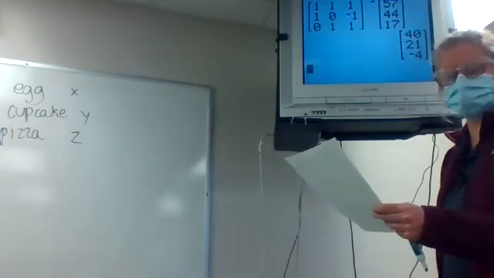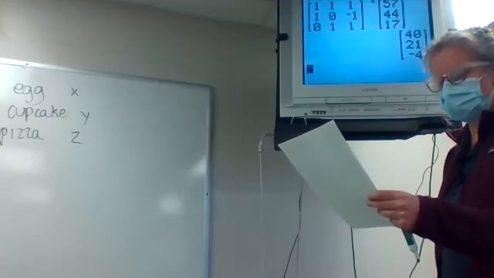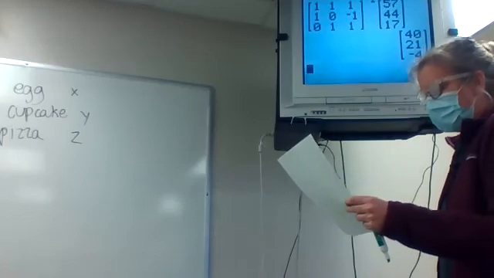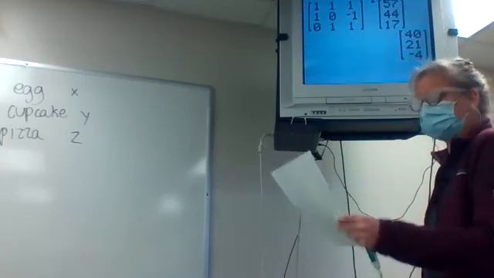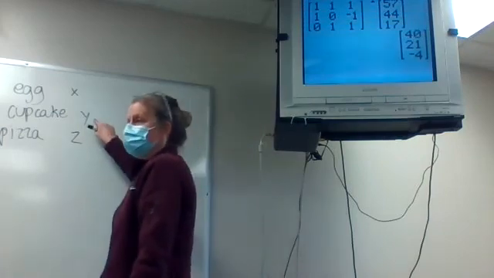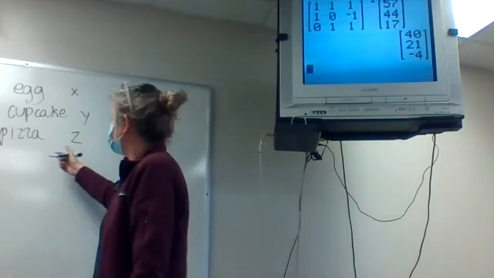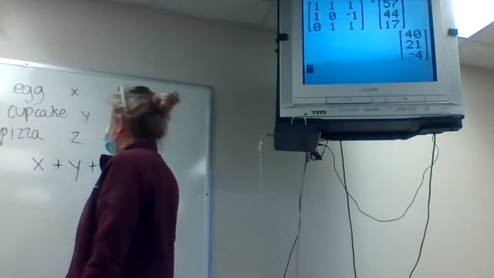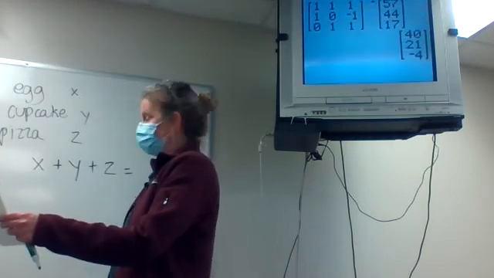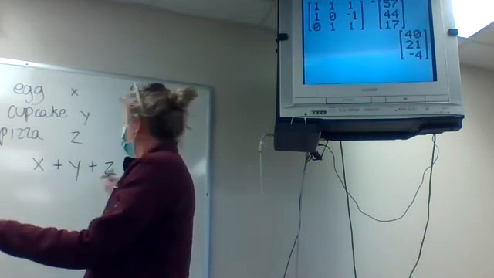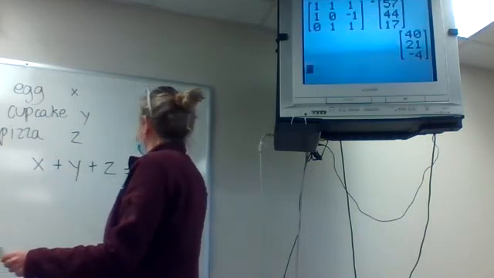The first sentence says, by eating 1 egg, 1 cupcake, and 1 slice of pizza, a child consumes 300 milligrams of cholesterol. So 1 of each of these. So when she ate 1 of each of these, she consumed 300 milligrams of cholesterol.